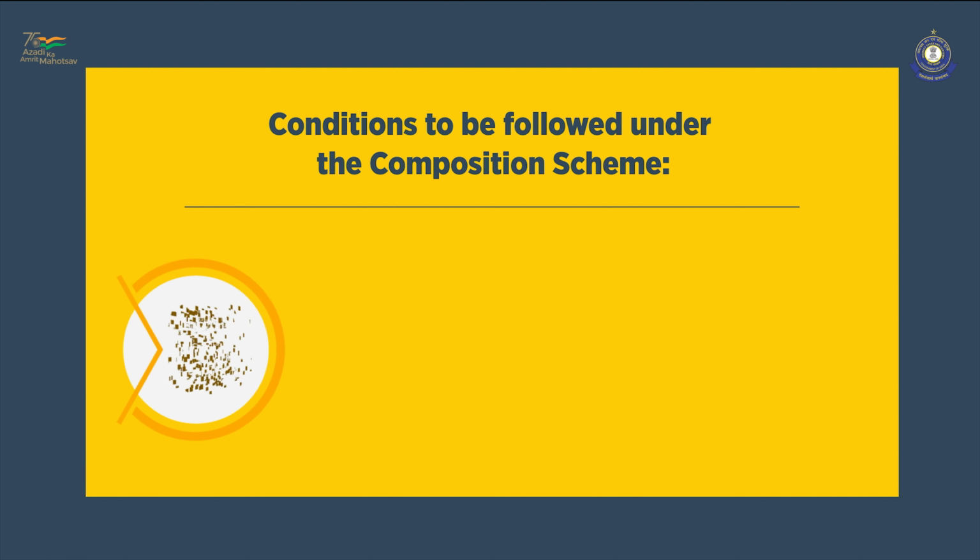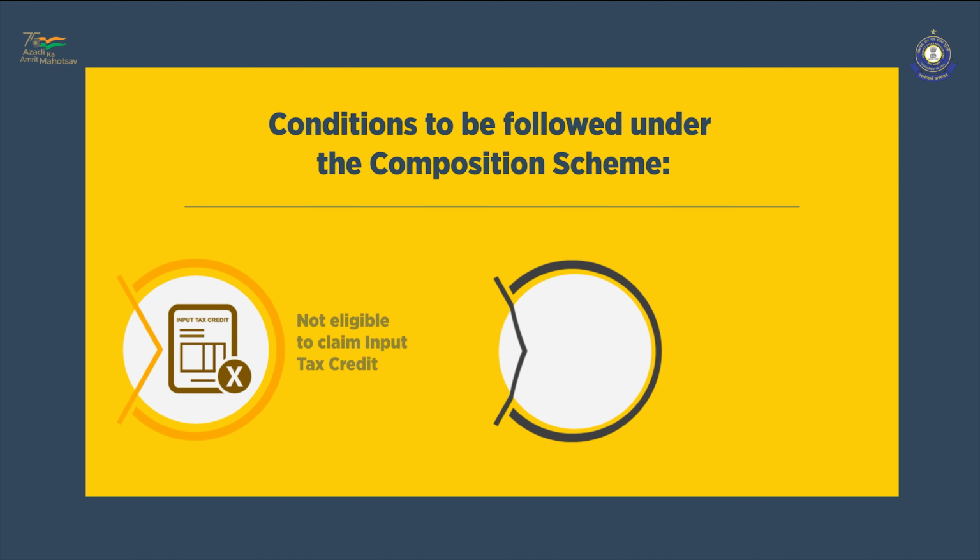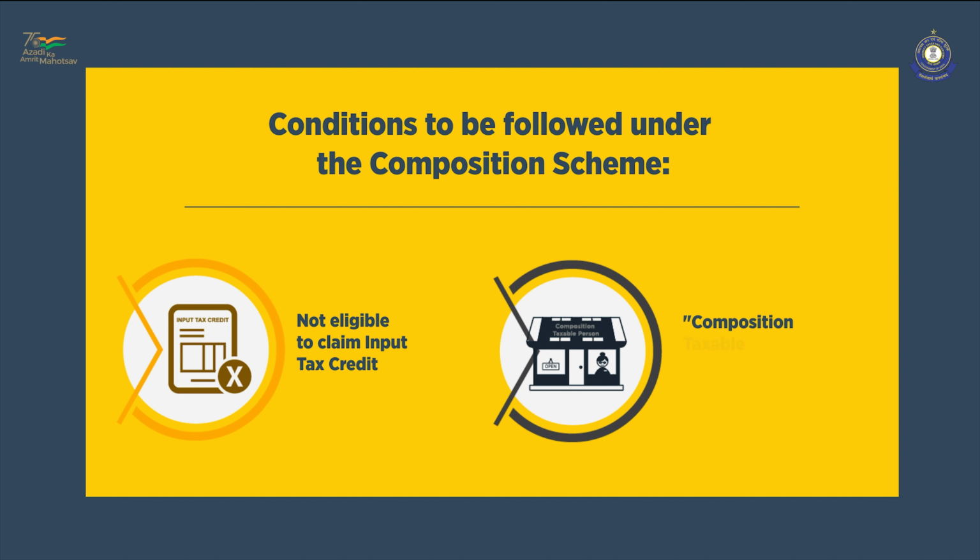Such taxable person is not eligible to claim input tax credit on purchases. He needs to mention the words "composition taxable person" on every notice board or signboard displayed at the prominent place at his every place of business.